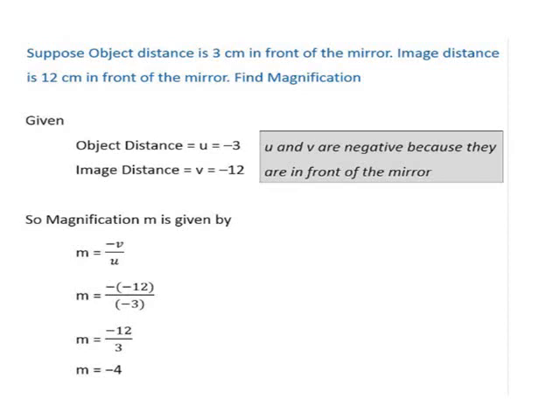So the numerator becomes plus 12 and the denominator becomes minus 3. So when you do the division, you get minus 4. So the magnification obtained here is minus 4. What does this magnification represent? It is the amount of enlargement or diminishment of an object.